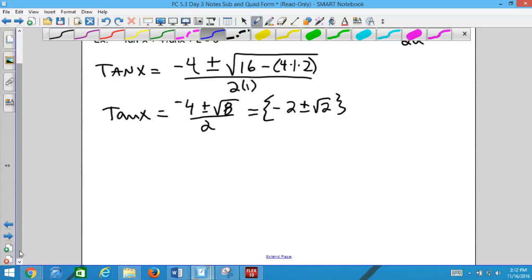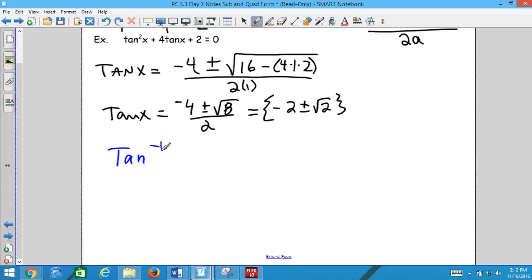And to do that, we need to do inverse tangent. So this is what we should be thinking about. That's not on the unit circle, so we are going to use our calculator to do inverse tangent. Everything that we're doing right now is a repeat of things that you've done already this year.